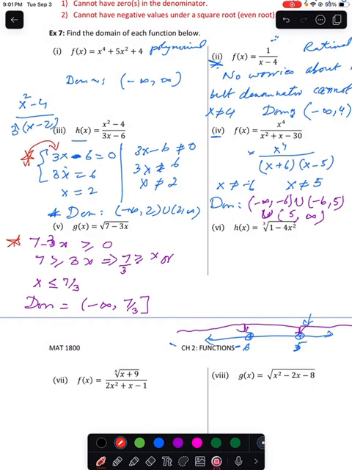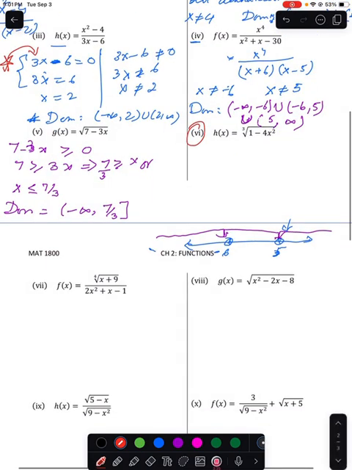Now on the right hand side, part 6. h of x is equal to the cube root of 1 minus 4x squared. Again, in this case, we don't care what is inside the radical.